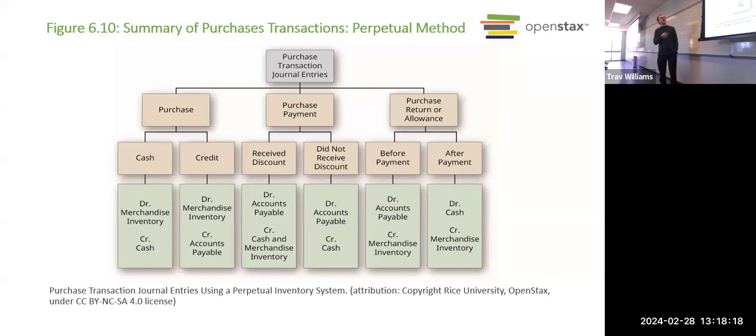So we've got another one of these for perpetual sales. And then we've got one for periodic purchases and one for periodic sales. So I think that's the easiest way when you're not sure: look it up and see what to debit, what to credit.